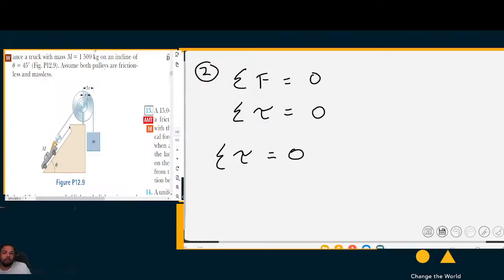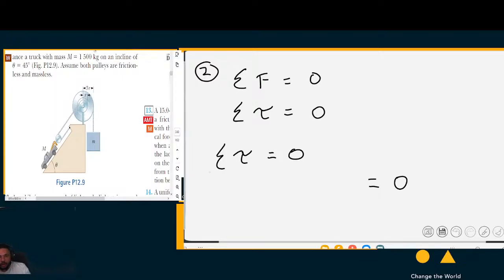The truck would have a torque, and the mass M would have a torque, and they should sum to 0.